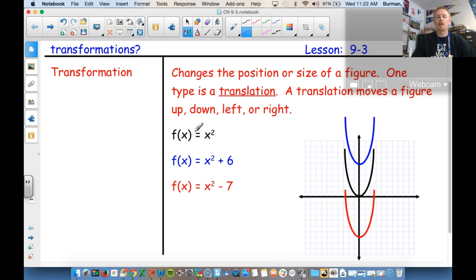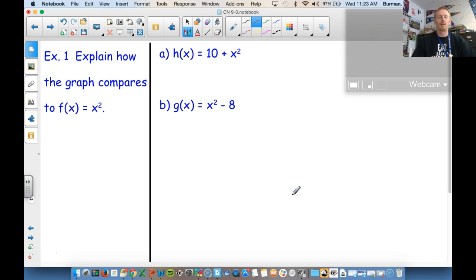So we're always going to be talking about how these graphs shift or how they translate in relationship to the parent graph. We're going to be using words again like up, down, left, right, compressed, and stretched to describe the types of transformations that are taking place. So you could make a quick sketch saying that these things go up 6 spots and this one goes down 7.